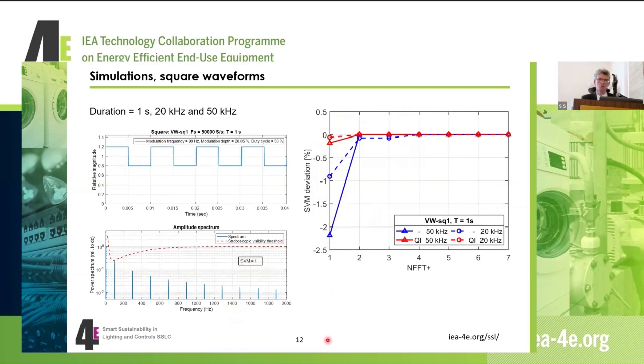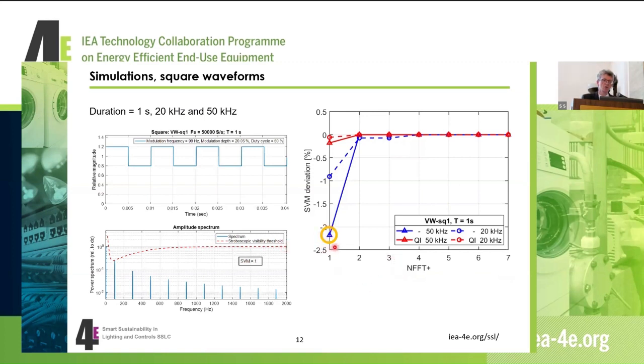The recommended toolbox that is used or referenced in the IEC technical report would give a value. It uses a number of zero paddings. So you can say this x-axis here is the number of times you apply zero padding.